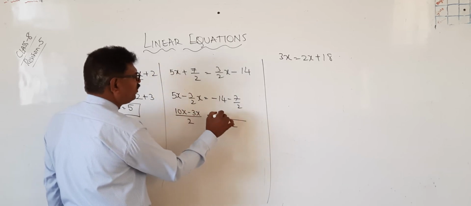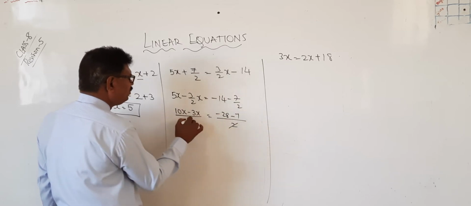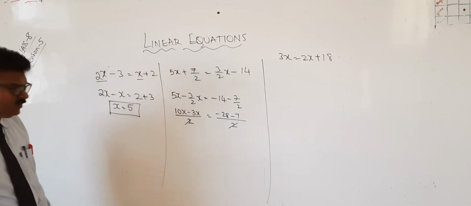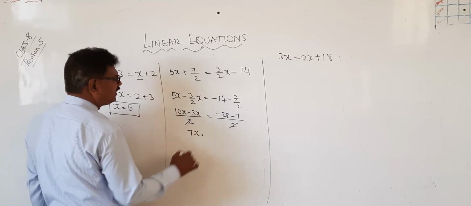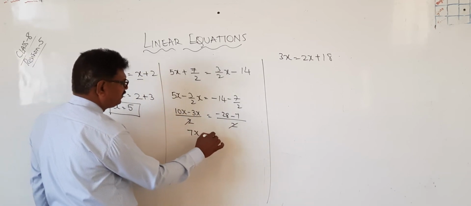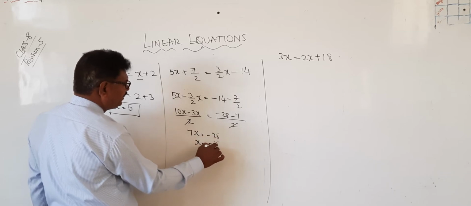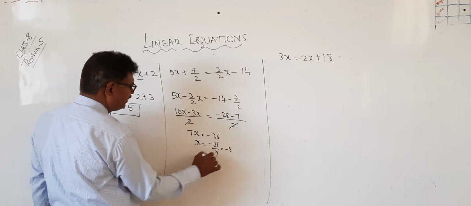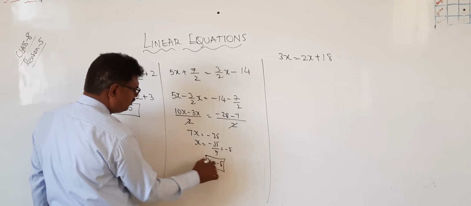Here 14 2s are minus 28 minus 7. 2 and 2 cancel. Now very simple. 10x minus 3x is 7x, minus 35. Therefore, x is equal to minus 35 by 7, which is minus 5.